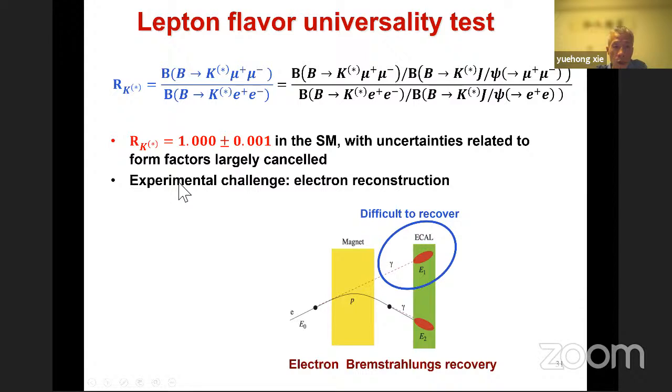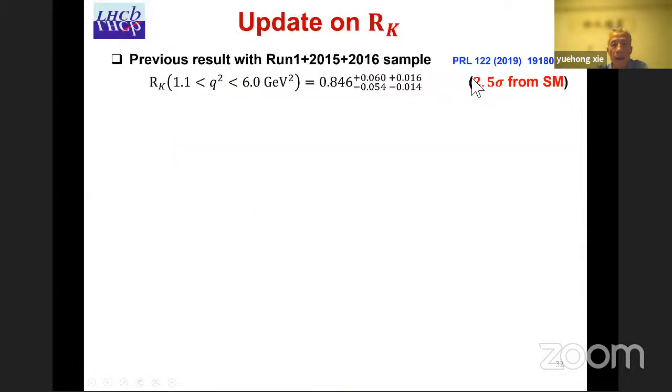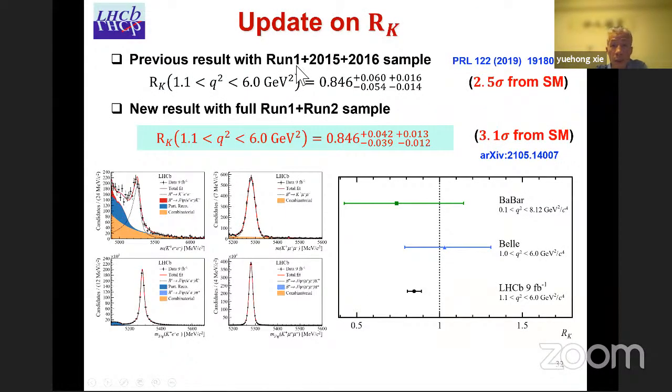In order to address the experimental challenge in electron reconstruction due to electron Bremsstrahlung radiation, we use the so-called double ratio technique by introducing the control channel B to J/psi K or J/psi K star. In the previous analysis, we only used the Run 1 and the 2015 and 2016 data.